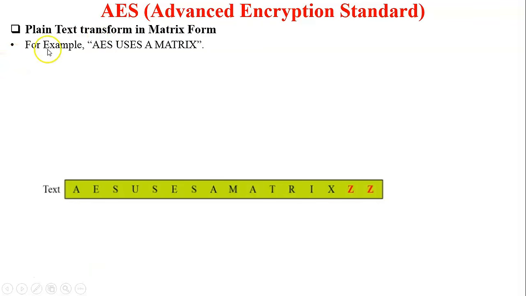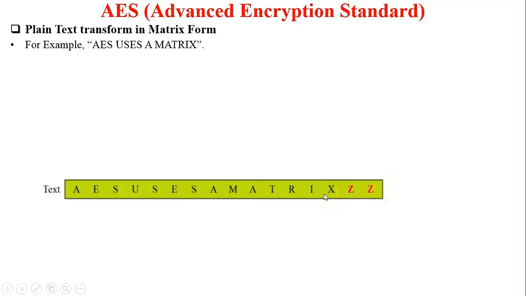Next, the plain text is transformed into matrix form. For example, one example is given over here. AES uses a matrix. So this is my plain text. How can I convert it into matrix form? Now there are 2 Z's filled over here. Why?